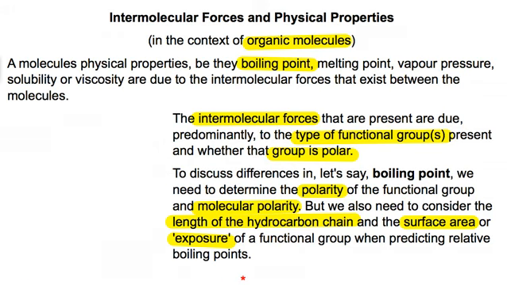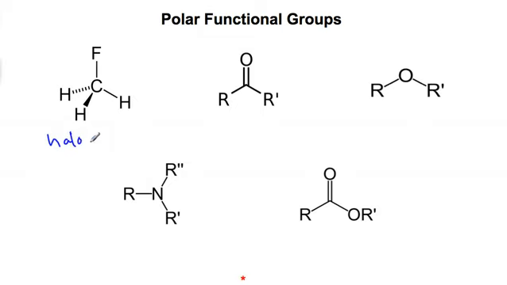First of all, we have to really consider the functional groups, and so just to remind you of the different functional groups here: haloalkanes. This is the carbonyl group, and so that would be aldehydes and ketones. This is the ester functional group. This is a tertiary amine group, and I say tertiary for a reason. I'll get back to that. And then this is the ester group.